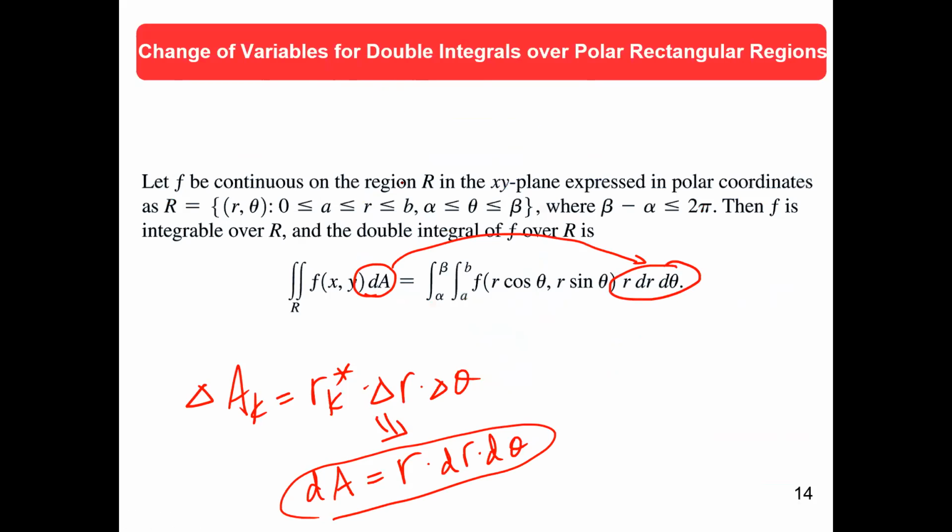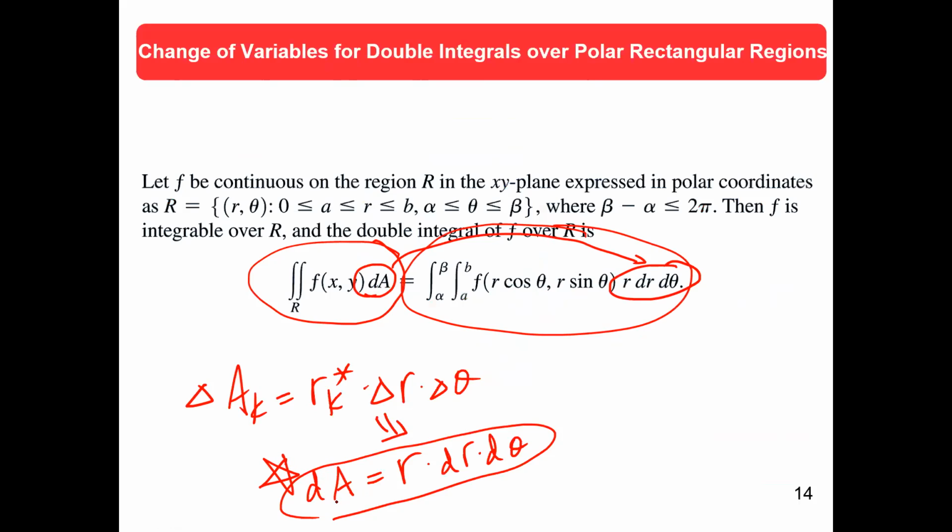It goes back to this formula. Suppose I have a double integral in Cartesian, and now I want to convert that to polar. I need to convert the x and y, and I need to convert the dA into R dr d theta. This is very important over here, so I want to put a star sign here.